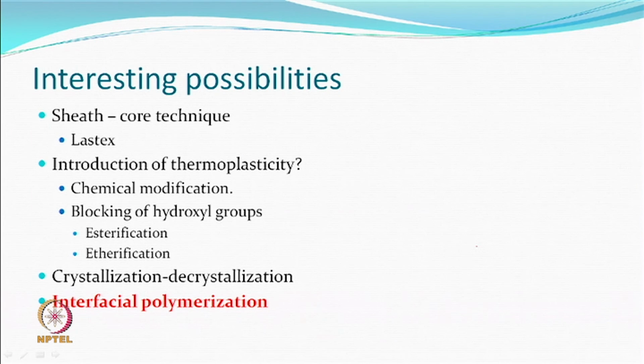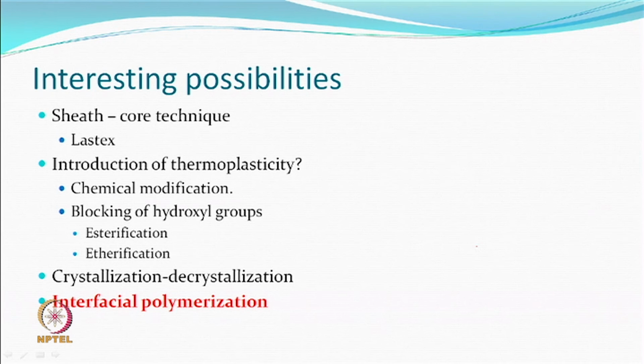So, it is just showing that there has been enough interest for people to keep working. So, interfacial polymerization of the yarn, spun yarns, let us say cotton, has also been attempted.